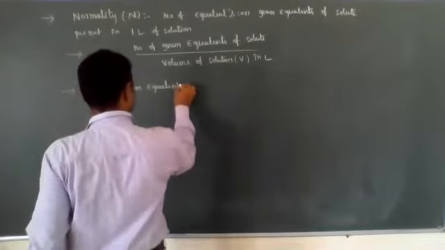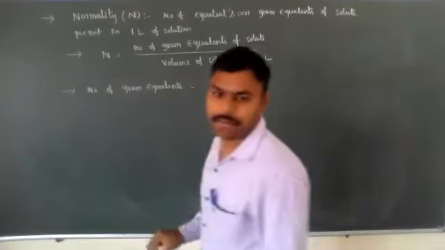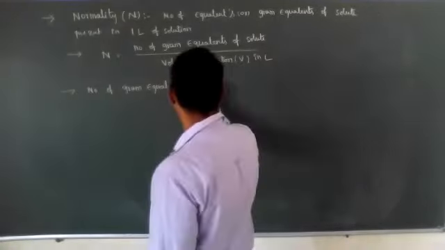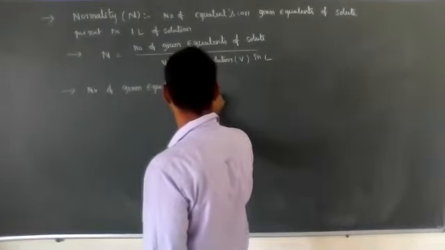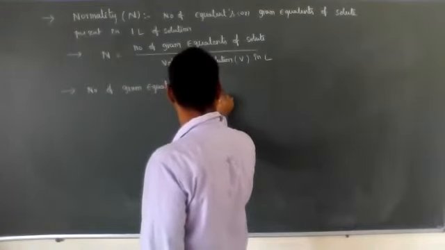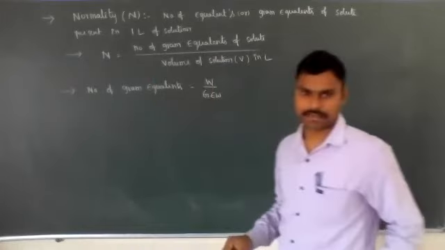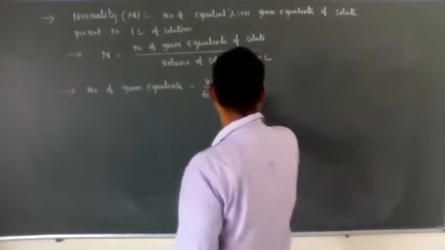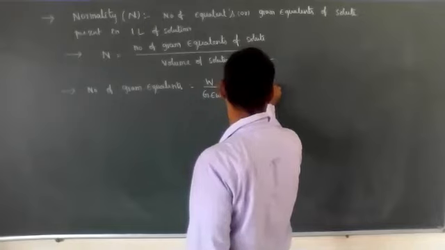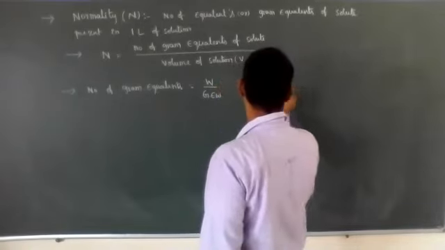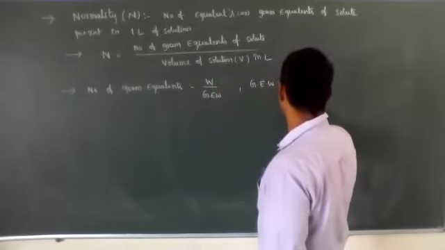Number of gram equivalents is equal to weight by gram equivalent weight. So what is GW? GW is nothing but gram equivalent weight.